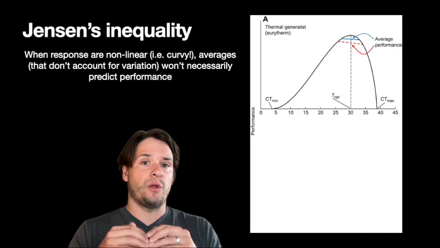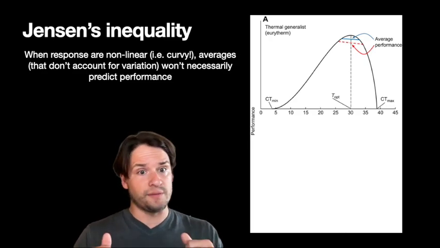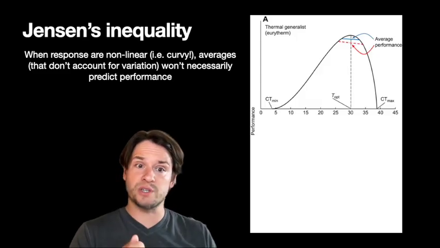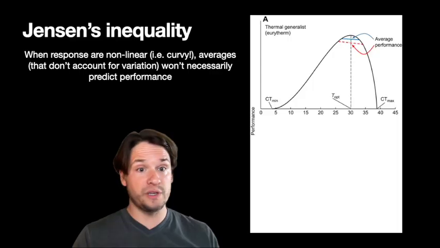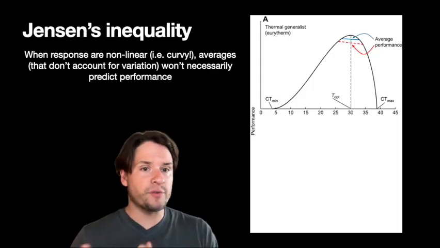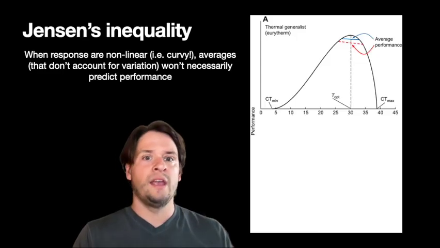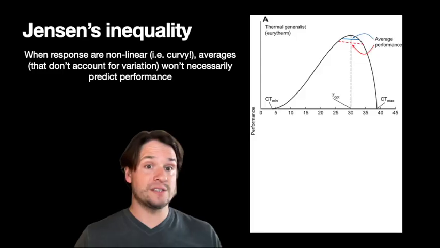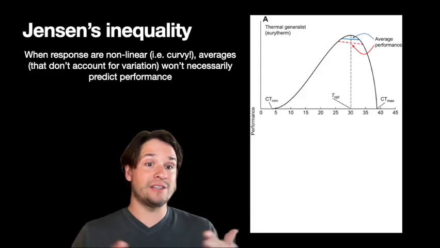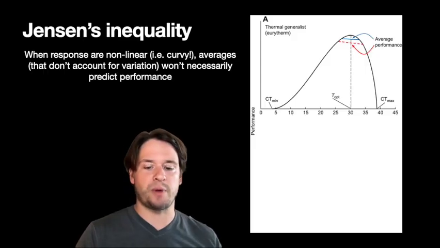So that is just to highlight that when you think about variation, sometimes just those averages, when you have a nonlinear response, so a curvy response, averages can actually hide a lot of what the real effects would be. And the degree to which an average hides those effects actually depends on how generalist the species responses are.